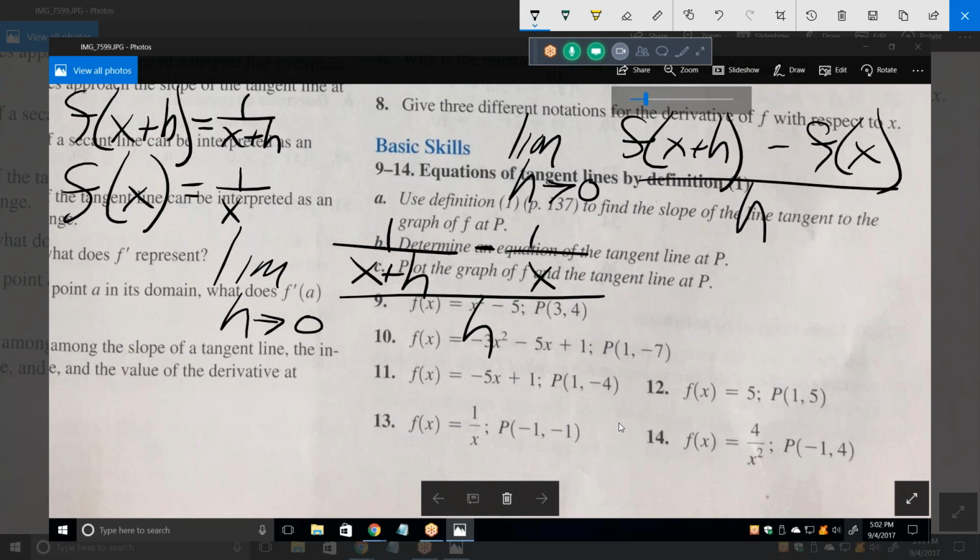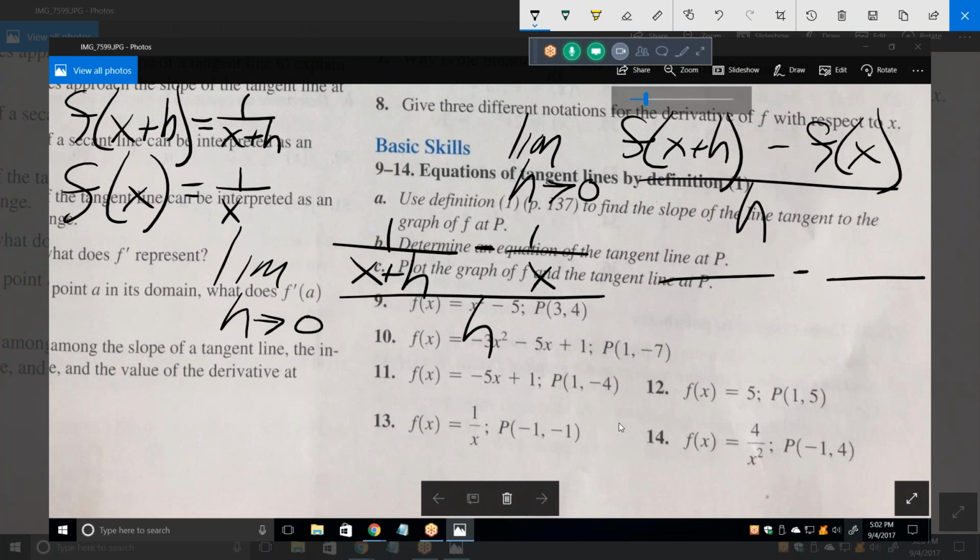So 1 over x plus h minus 1 over x, you've got to know how to do this algebra. You're just not going to get very far with these unless you know how to do that algebra. So what's the least common denominator? x times x plus h. It's always the product of the two denominators.